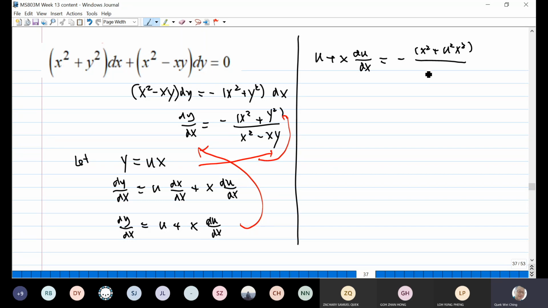x squared, minus x, y is ux here. Then you get a lot of cancellation. So to get 1 by u squared now. The x squared cancel, right? You get 1 minus u.